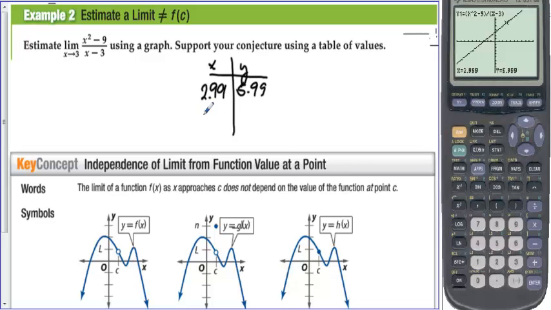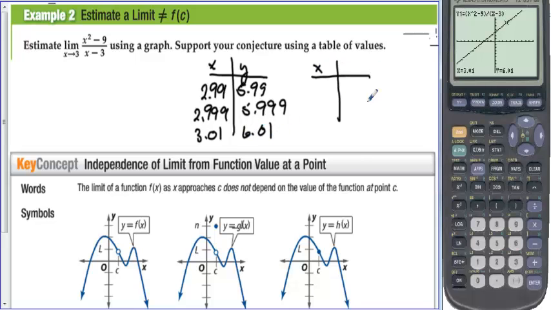That gives us 5.999. Now that's on the left-hand side. If we go on the right-hand side, 3.01 is equal to about 6.01. And then if we plug in, how about 3.001?